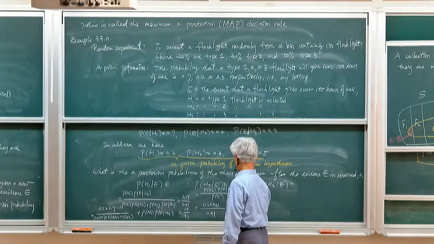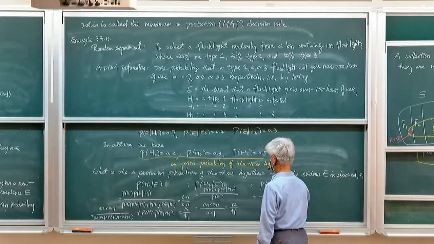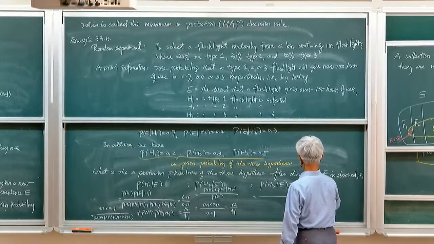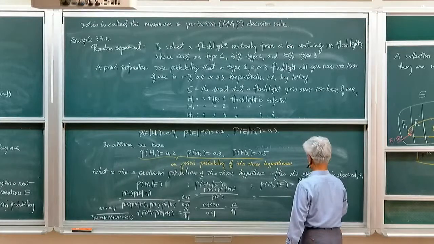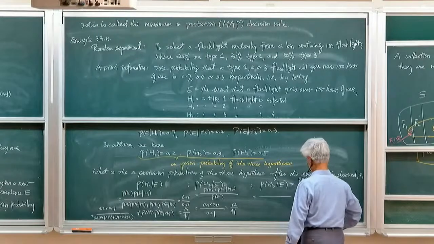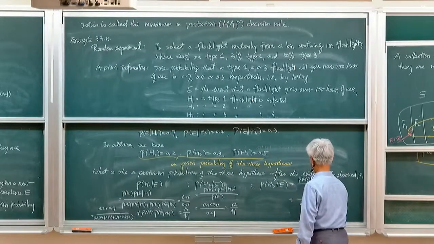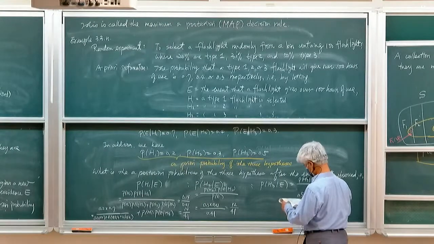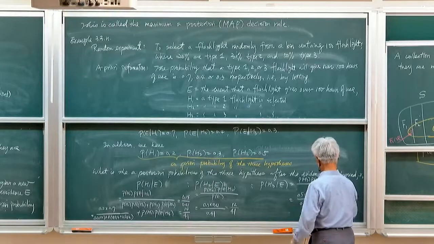So this is 12 over 41. And this one is P(H3), P(E given H3), over P(E), 0.41, 0.5 times 0.3. So this is 15 over 41.